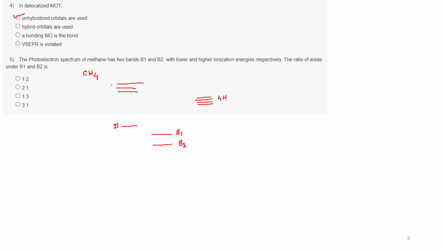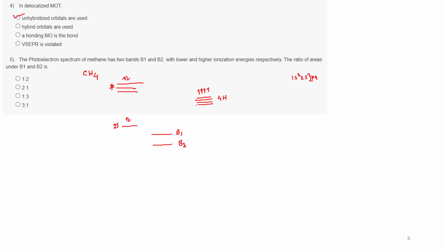The 2px, 2py, 2pz are there, and there are four electrons coming from the four shells. Obviously, how many valence electrons does carbon have? Carbon is 6, so 1s is 2, 2s is 2, 2p is 2. So 2 electrons here and 2 electrons here, so total 8. Actually, you will see that there are two bonding kind of orbitals.